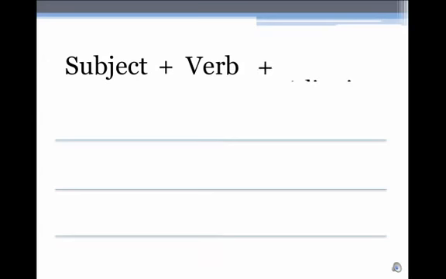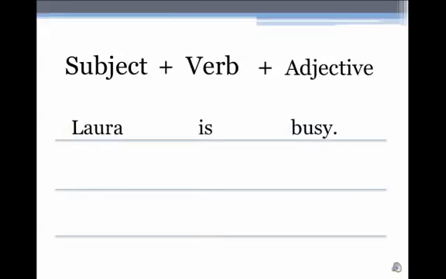Third, there is subject plus verb plus adjective. Remember, the way to use English adjectives is very different than in Chinese. For example, we have the sentence, Laura is busy.